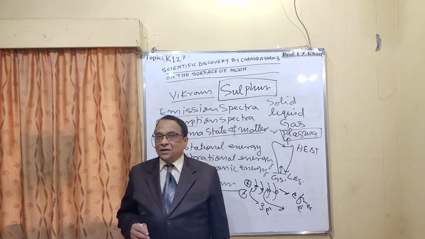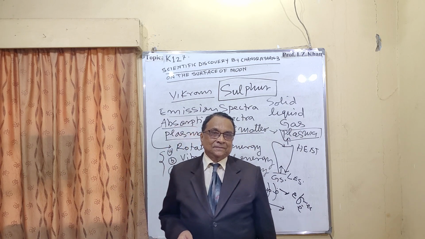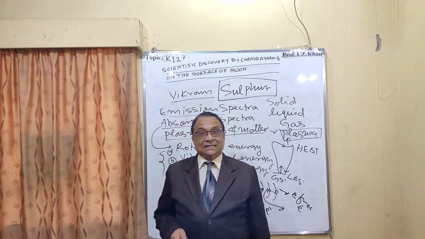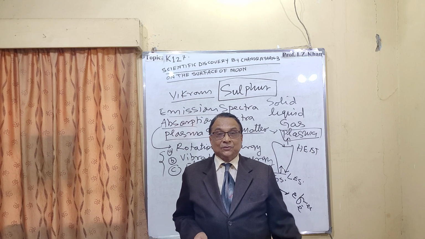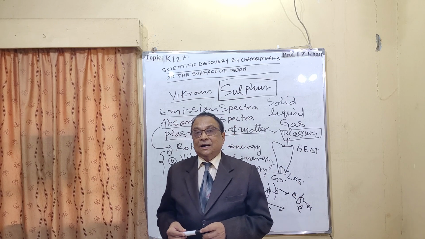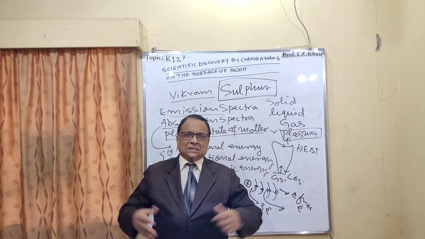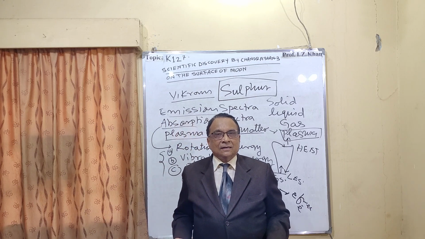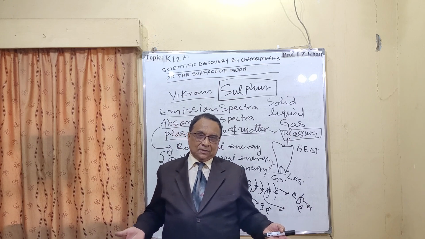And the discovery of sulphur indicates many things. First, it indicates that there may have been a lot of volcanic eruption, because wherever there is cyclone, volcanic eruption, disturbance, there will be deposition of sulphur. Sulphur will come out.